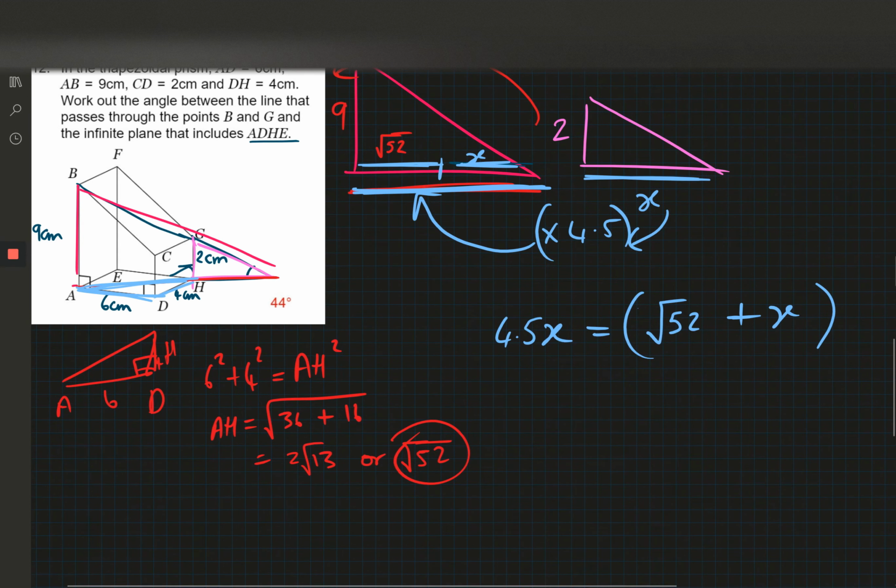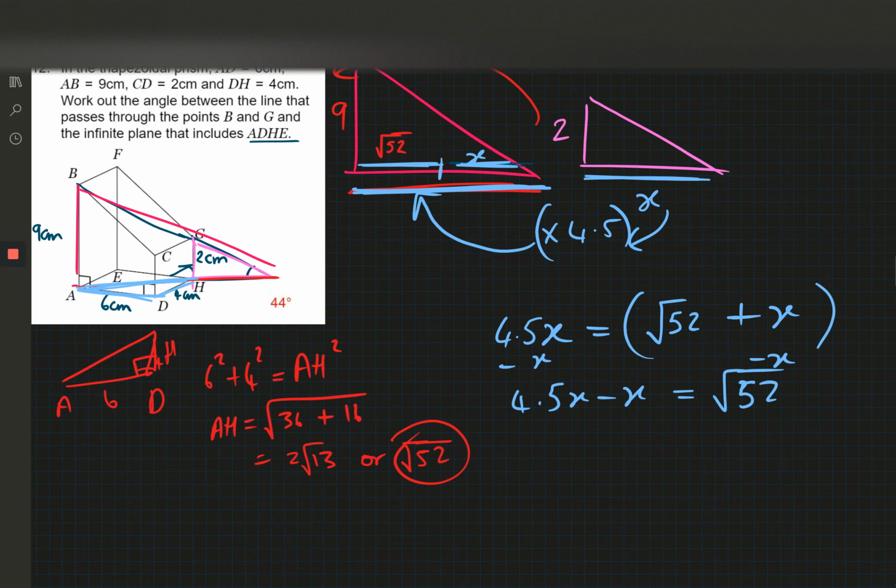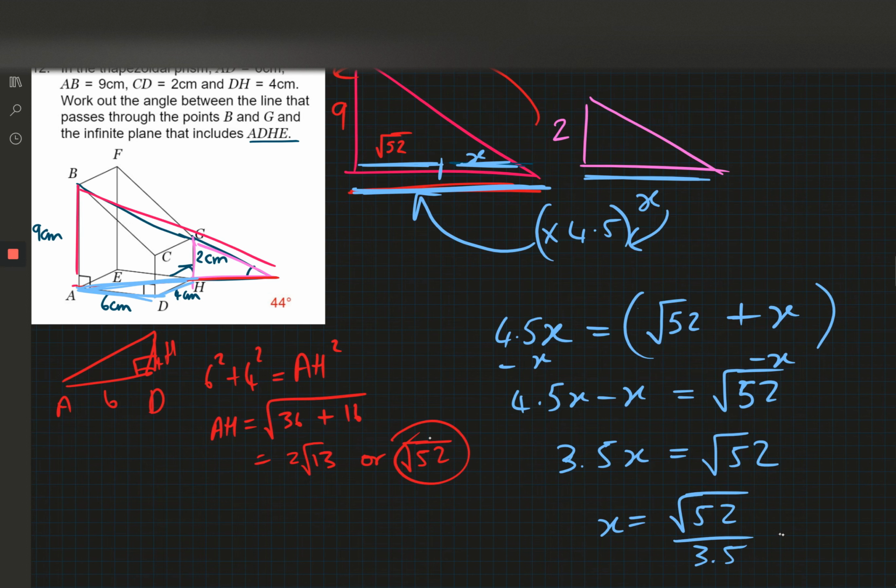Now I can just rearrange this and then work out what x is. So 4.5x, and now I'm going to take away x from both sides. Take away x equals root 52. And then I can say 3.5x equals root 52. So x is equal to root 52 over 3.5.